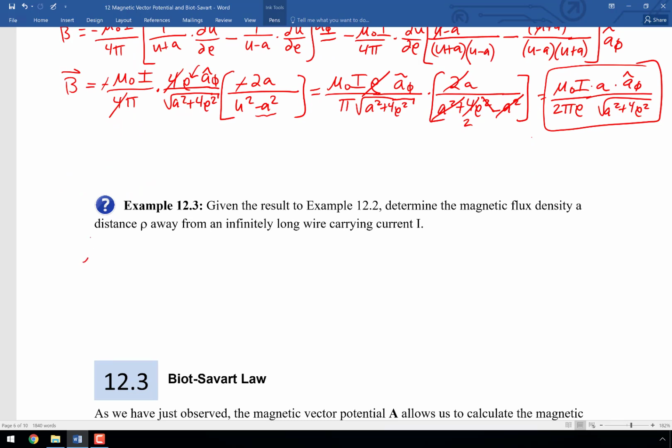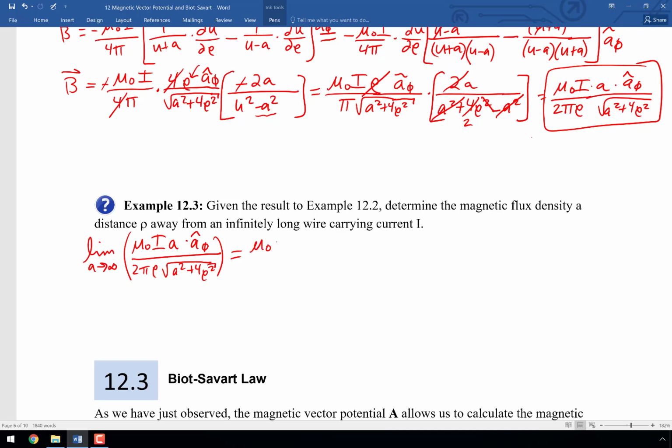So this is just as simple as calculating the limit as A goes to infinity of that thing we just found, mu sub 0 I times A sub phi divided by 2 pi rho times the square root of A squared plus 4 rho squared. Well, I'm going to pull some things out of that, just because there's a lot going on there.